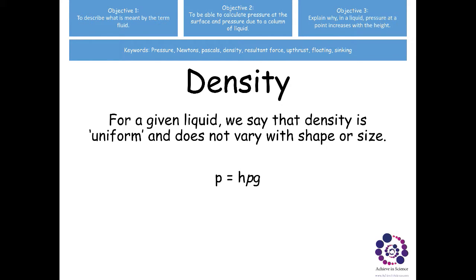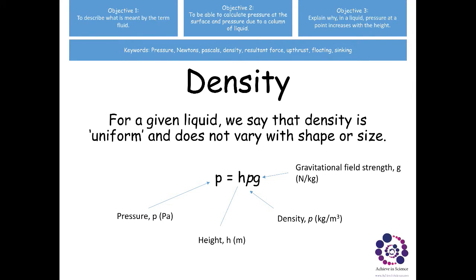We have an equation where the pressure is related to h, density, g. H stands for the height, measured in metres. The density is measured in kilograms per metres cubed. And g stands for gravitational field strength, measured in newtons per kilogram. Again, pressure is measured in pascals.